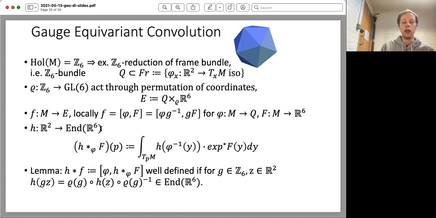So that way we can convolve functions on M with values in this associated bundle with these functions defined on R2. It's a bit more complicated, and it's not clear at all how you would feed this into a computer, because what does an E-valued function even mean? But you can do it, and it works very well in some example problems.